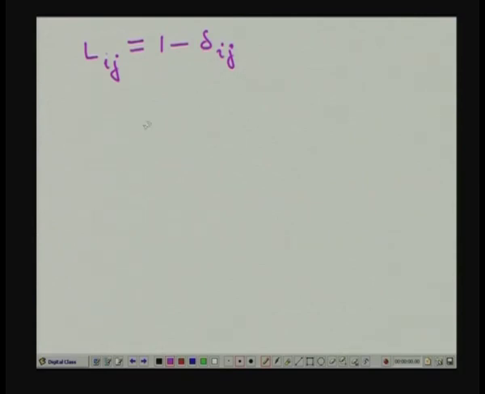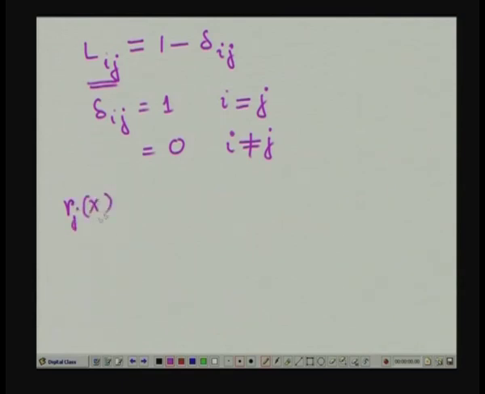In this case, delta_ij will be equal to 1 whenever i is equal to j, so that the loss function becomes equal to 0, and it will be equal to 0 whenever i is not equal to j, so that the loss function becomes equal to 1. By taking this modification, the average loss R_j(x) can be written as p(x) minus p(x | omega j) into p(omega j).